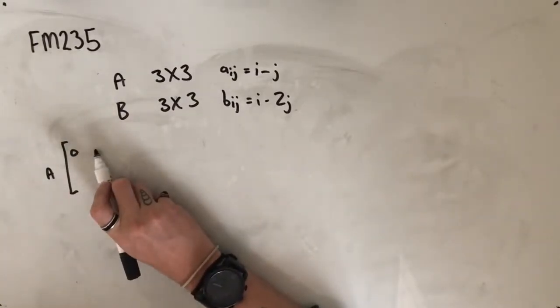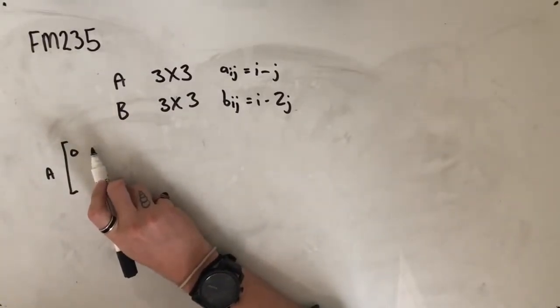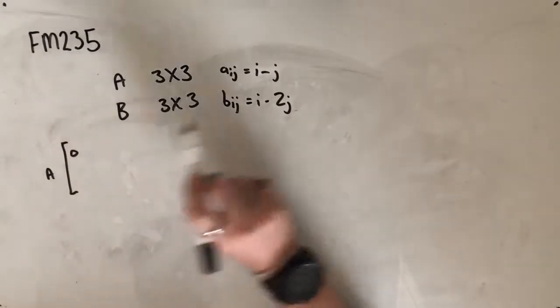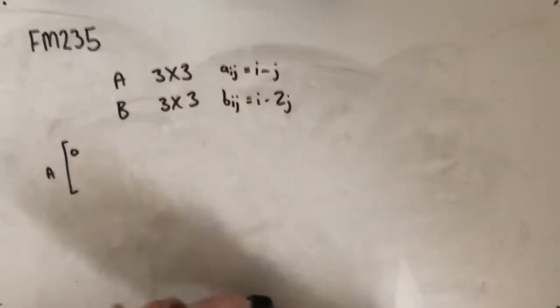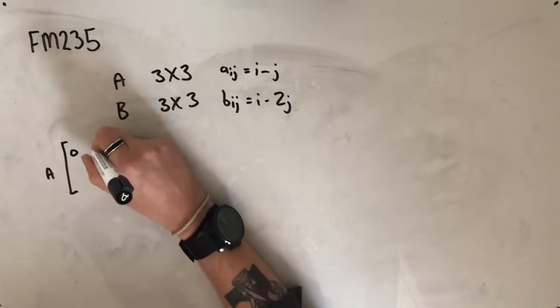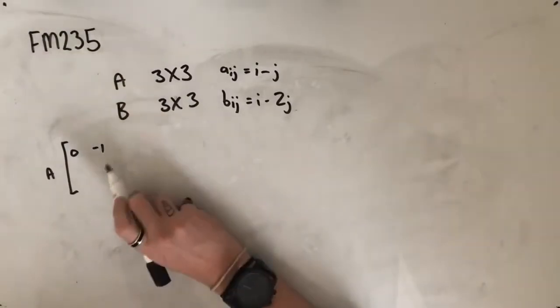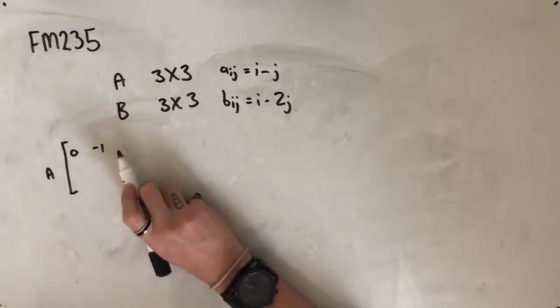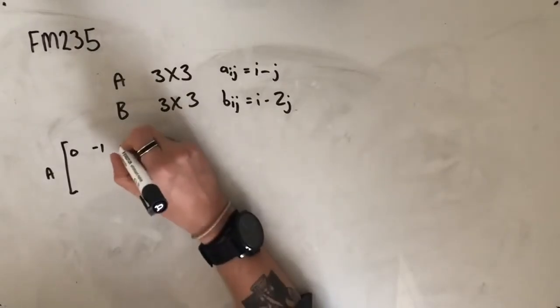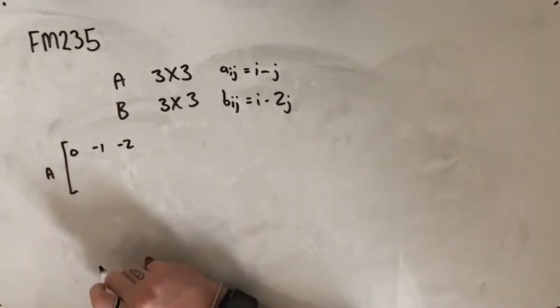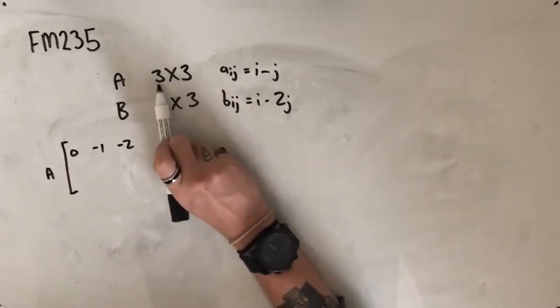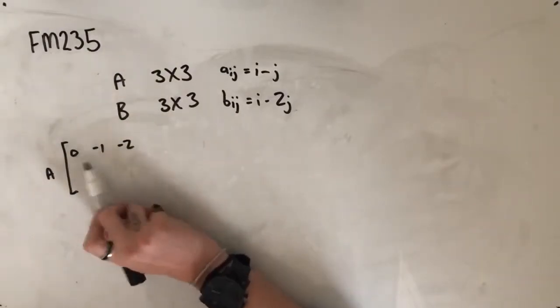If we move to the right one position, we're now in row 1, column 2, which means we're dealing with 1 minus 2, which would land us at negative 1. Next position is 1 minus 3. And because we're working with a 3 by 3 matrix, we know that that's it for that row.